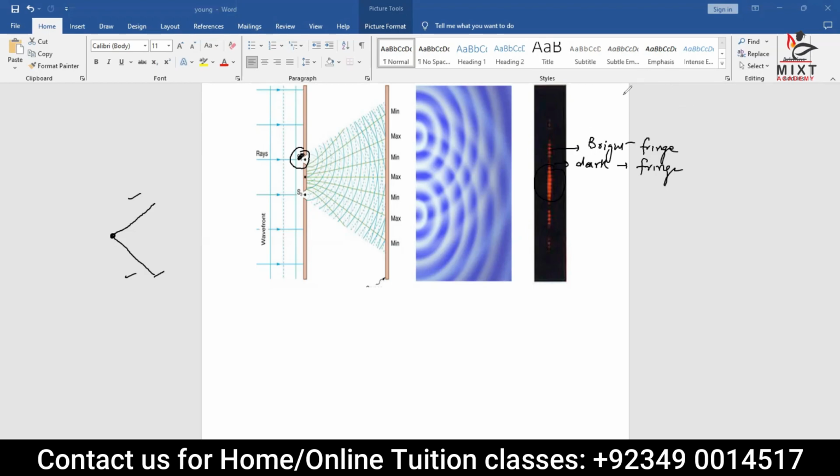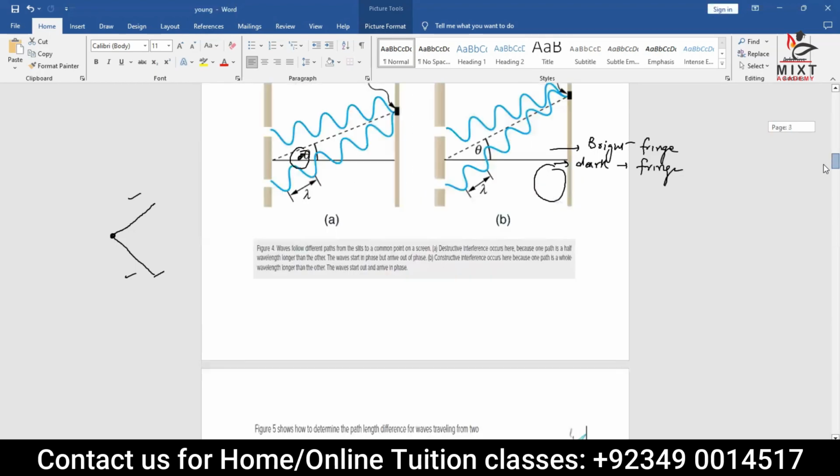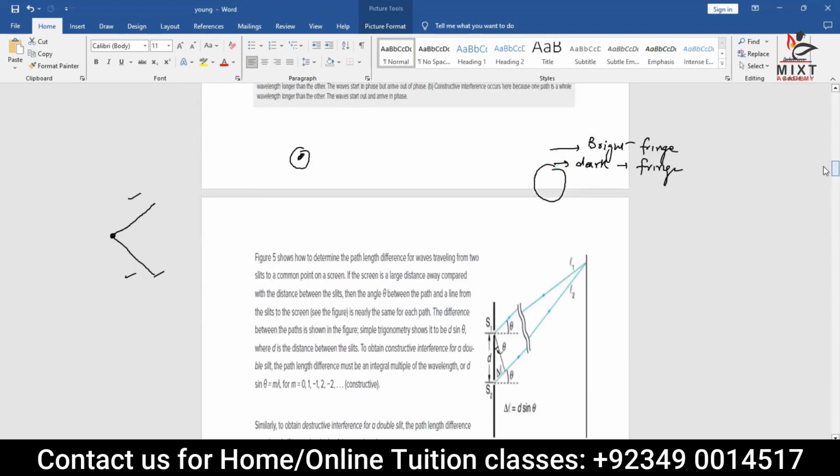Let me show you once again. Once the experiment is done, you will receive different light patterns at the screen: bright fringes and dark fringes. All right. So by getting these bright and dark fringes, what did we actually achieve here? That's my point.